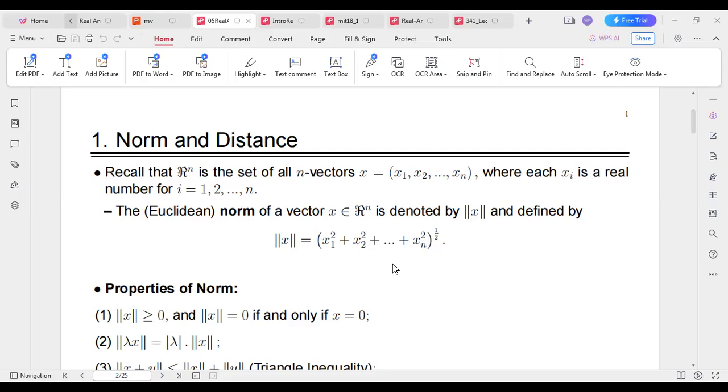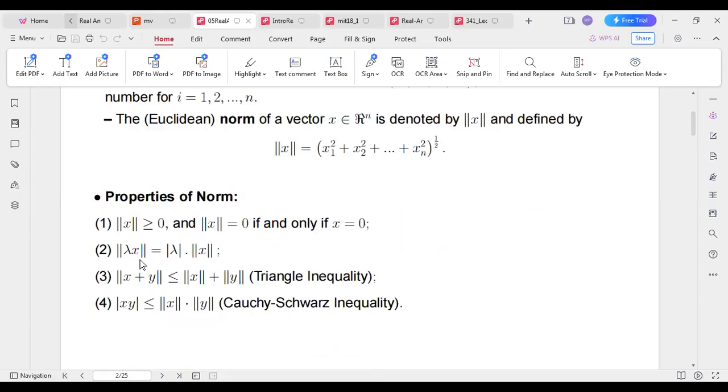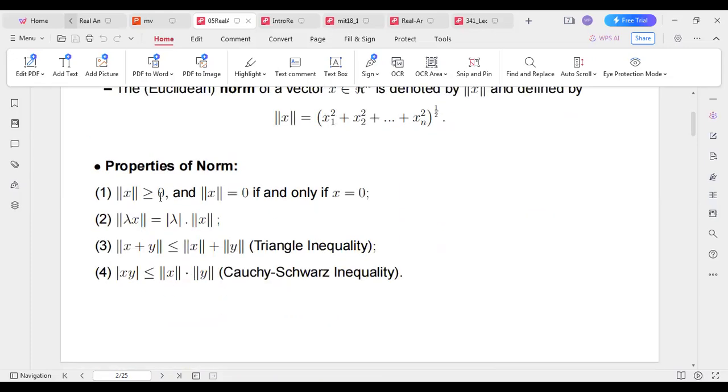So the main properties of the norm: the norm is non-negative, and the norm is 0 if and only if x equals 0. The second property is that the norm of lambda x equals the absolute value of lambda times the norm of x.